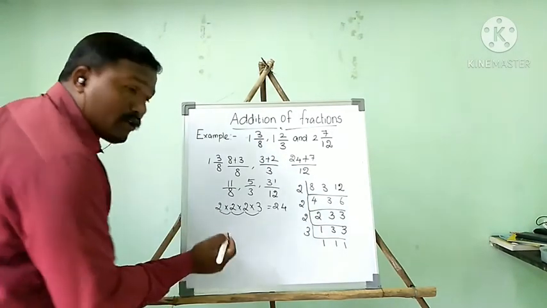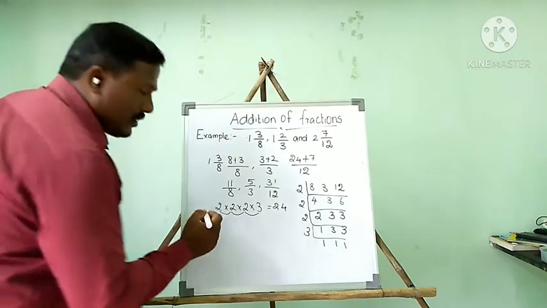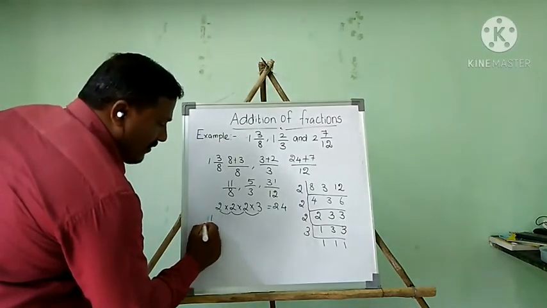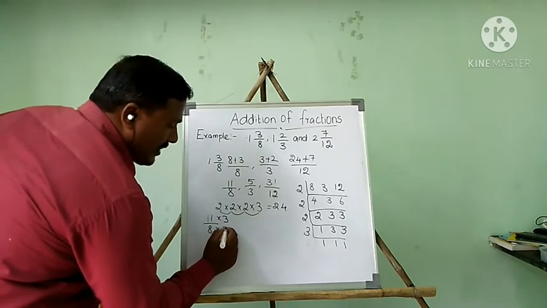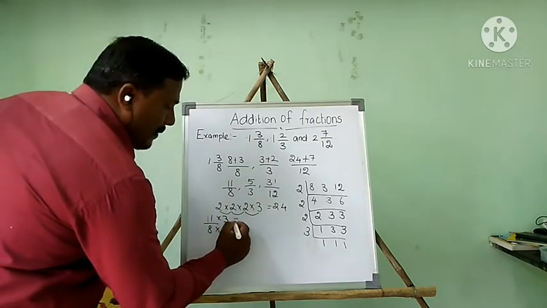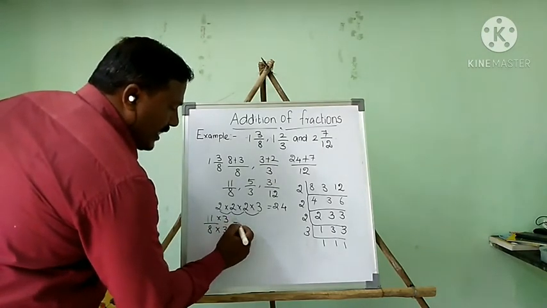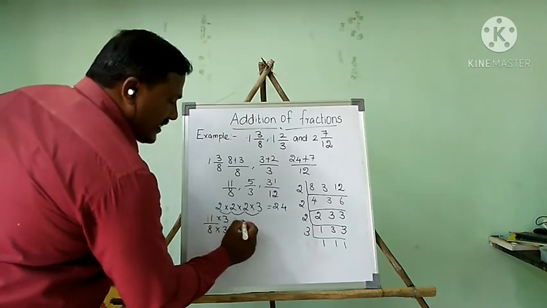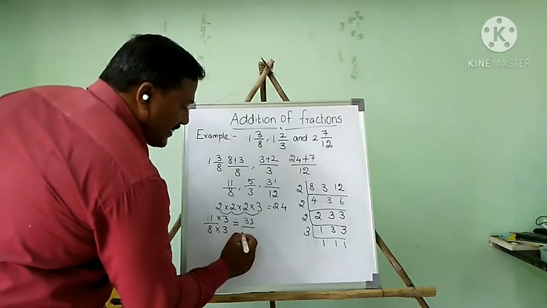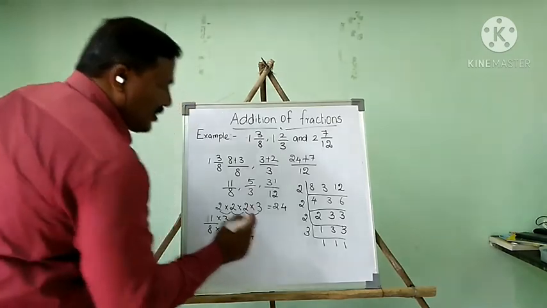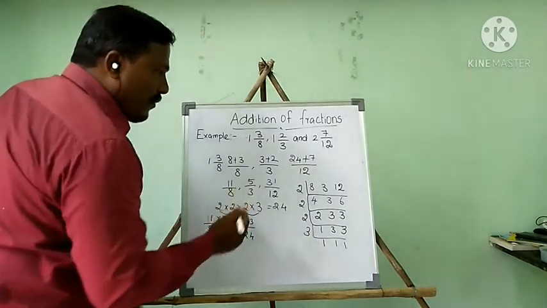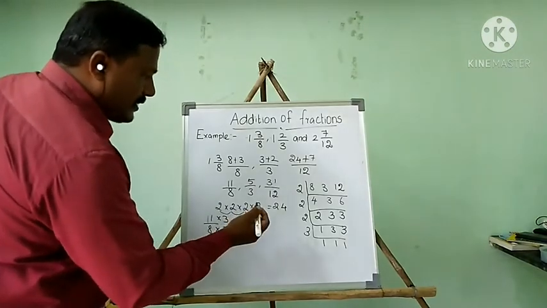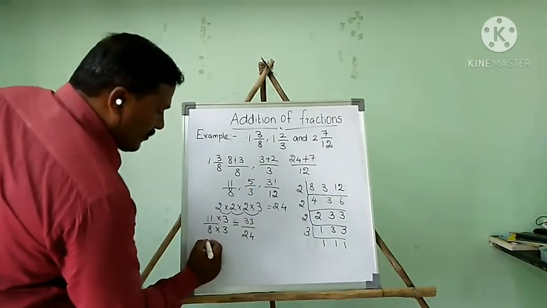So you have to multiply up and down. Already I told you, 11 divided by 8, multiplied by 3 divided by 3. If you multiply by 3 upon 3, 11 3s are 33, then 8 3s are 24. One is converted. Again the second one, 5 by 8.